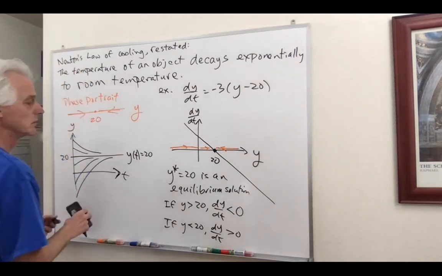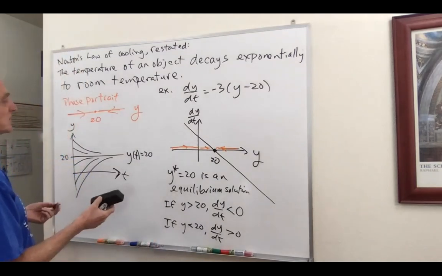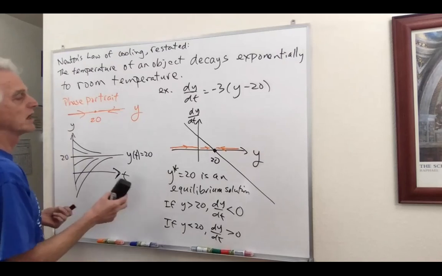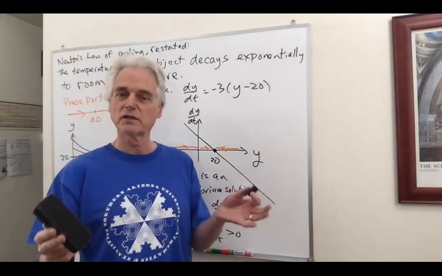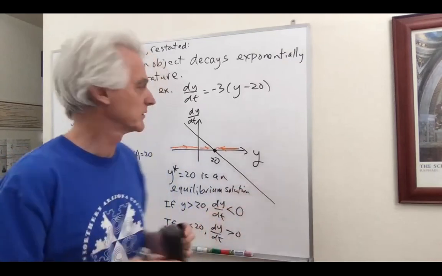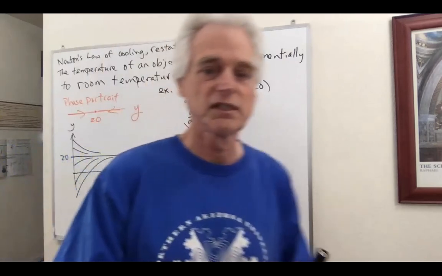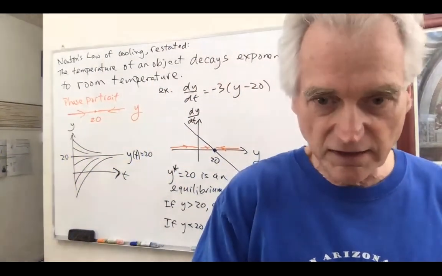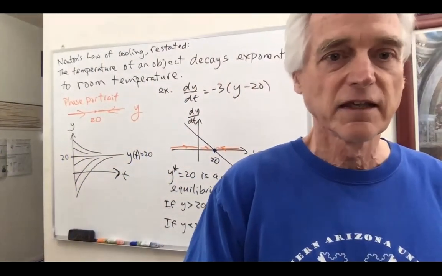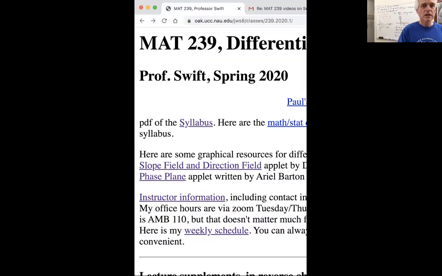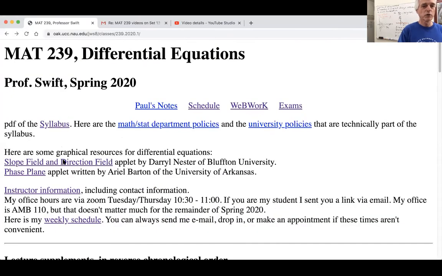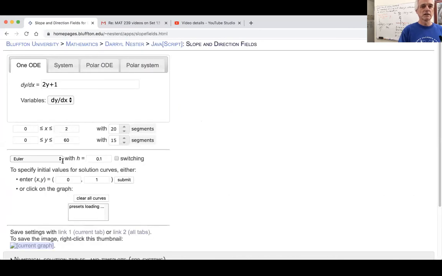Okay, so one more thing about this is that we can also think of the slope field for this problem. And rather than trying to draw it, I'll just go to our app here. Let's share the screen. All right, here's our favorite program.